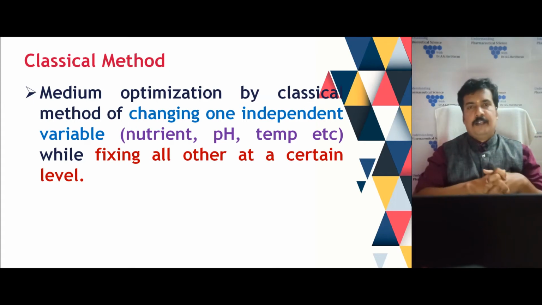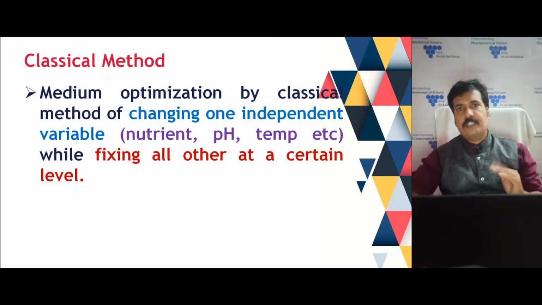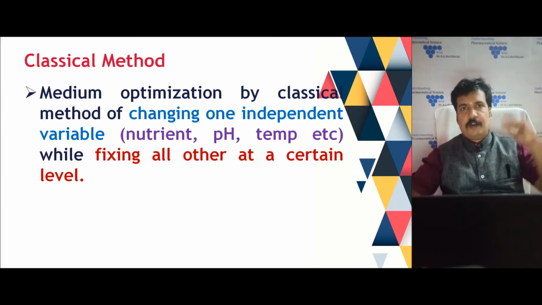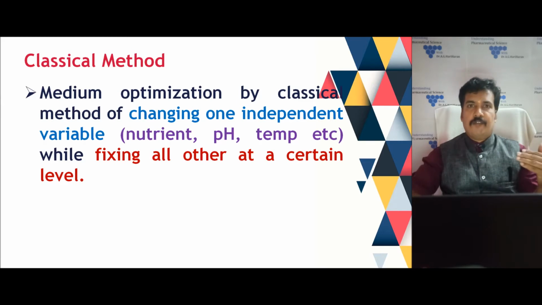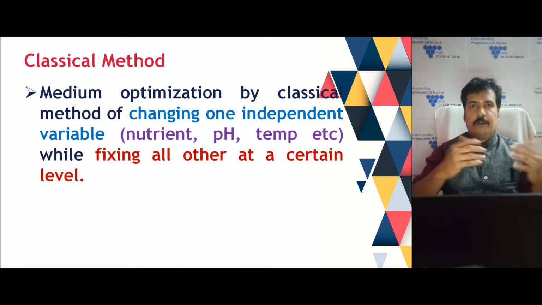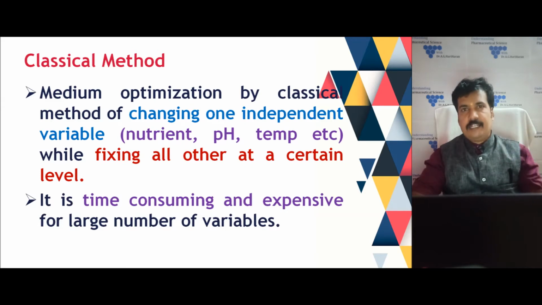For example, for a nutrient, whether a carbon source, nitrogen source, or an oxygen or hydrogen source, we change the carbon source while keeping a constant level of the other sources, and we get an optimized carbon source. Then we change the nitrogen source with the optimized carbon source and other sources. Similarly, we repeat for the other sources. This continues, but the major limitation of this method is that it is highly time consuming.